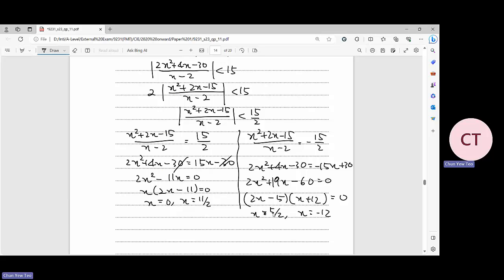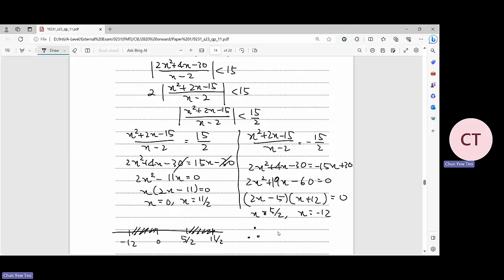Based on the number line, arrange them in ascending order. So you get negative 12, 0, 5 over 2, 11 over 2. Remember I mentioned just now that the answer is at this region and at this region.